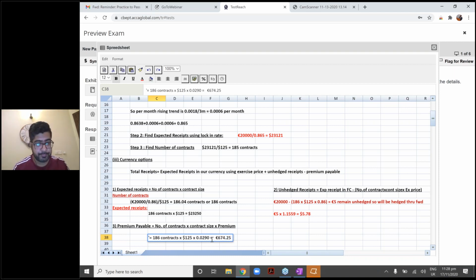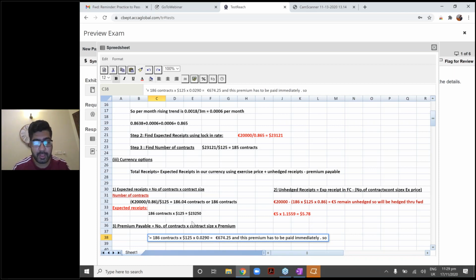This is the premium, okay? And this premium has to be paid immediately. So this premium 674.25 euros has to be paid immediately.